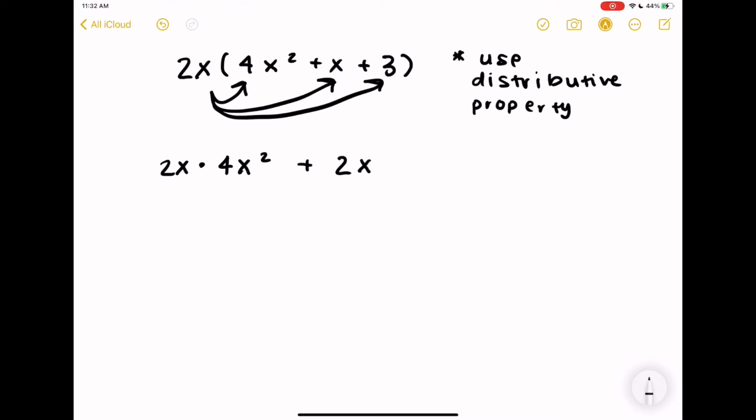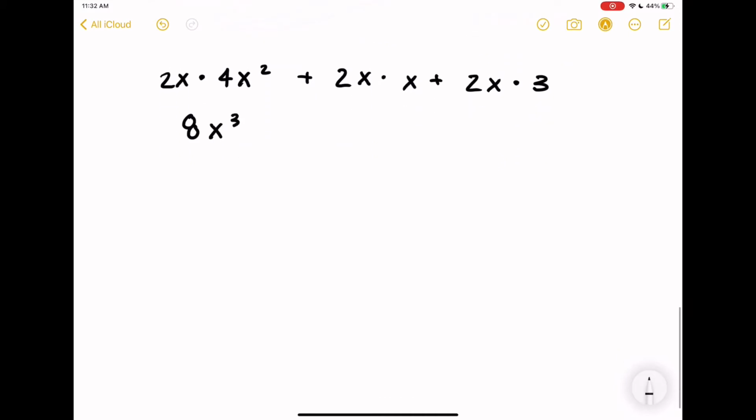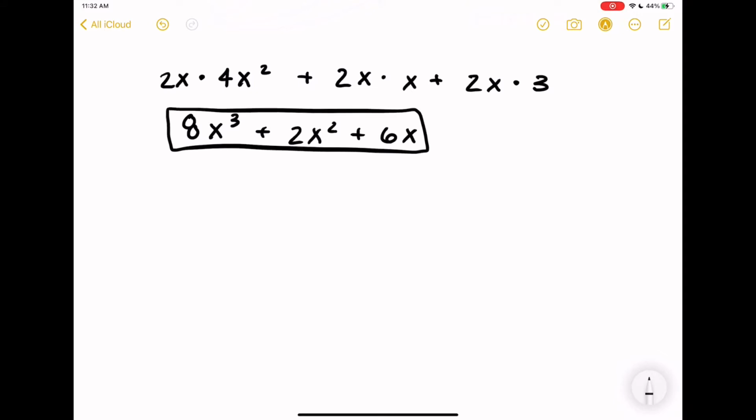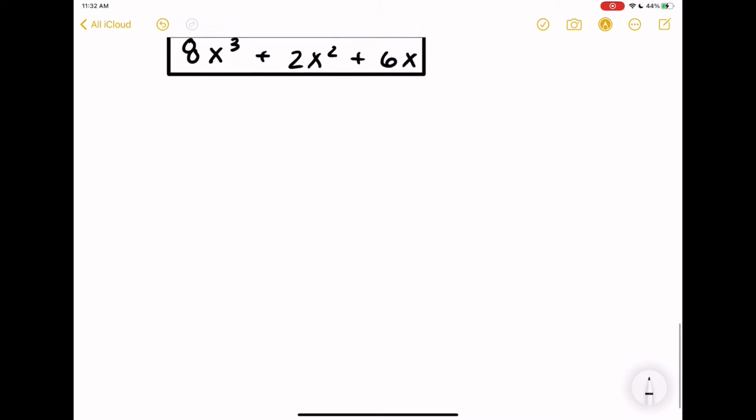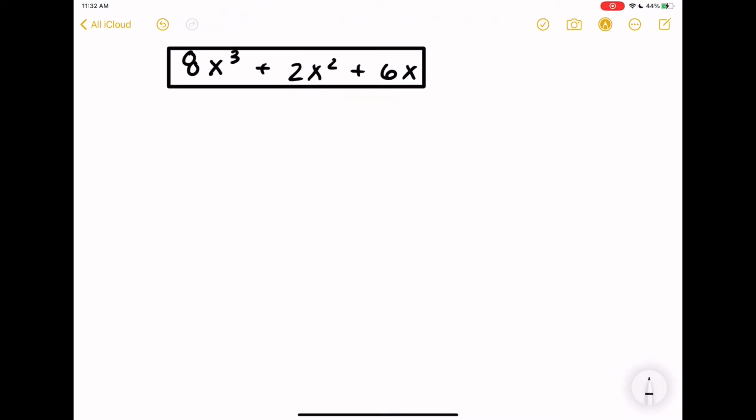I multiplied the monomial, 2x, by every single term in the polynomial. Then you simplify and you'll get 8x cubed plus 2x squared plus 6x, and that is your final multiplied polynomial.